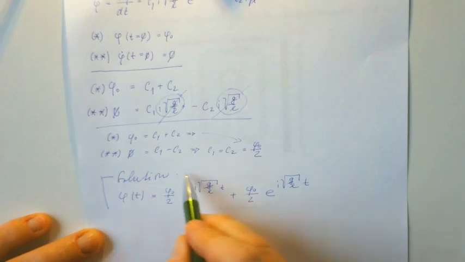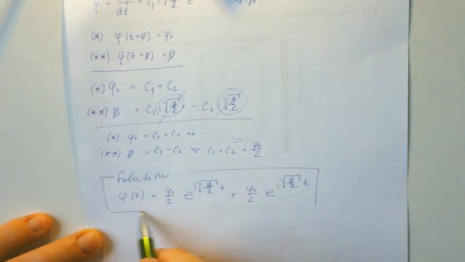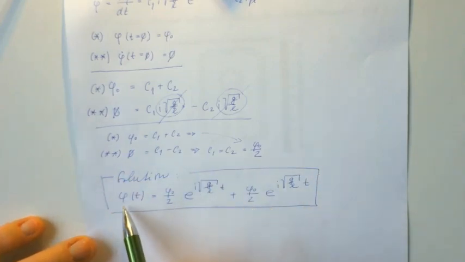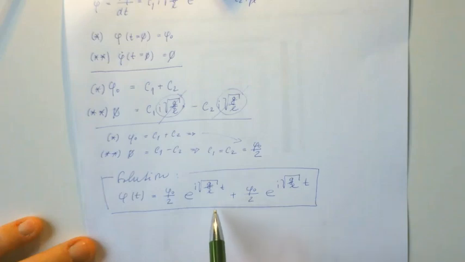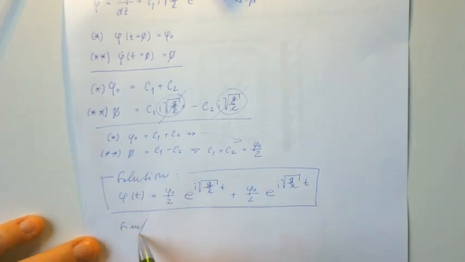This is the final solution. This is the course of the angle in time. But this is quite a complicated function, and I guess very few people can imagine what the graph of this function is. So we will simplify it.